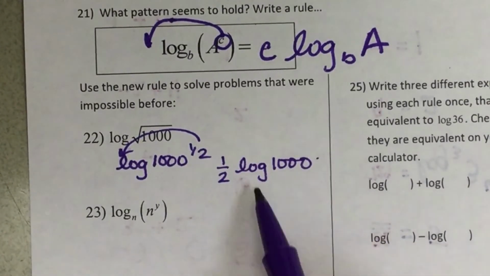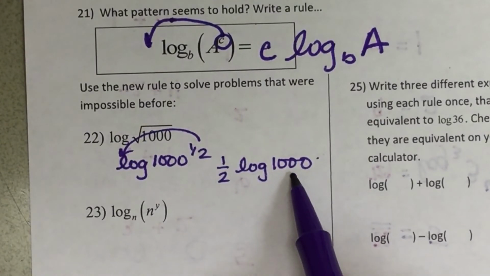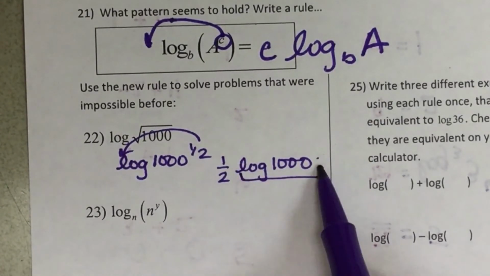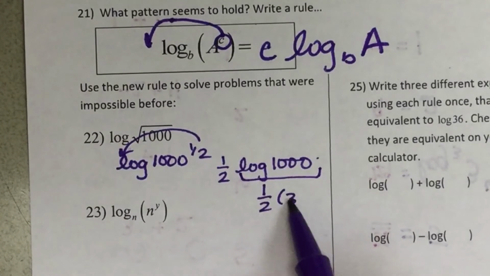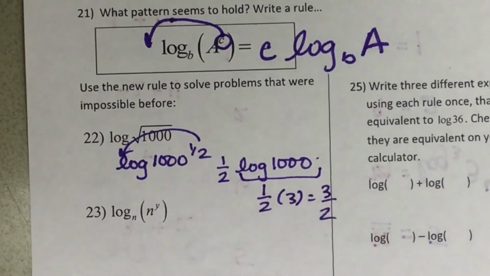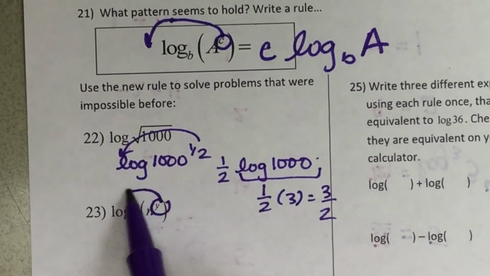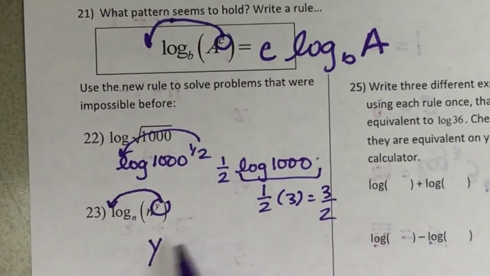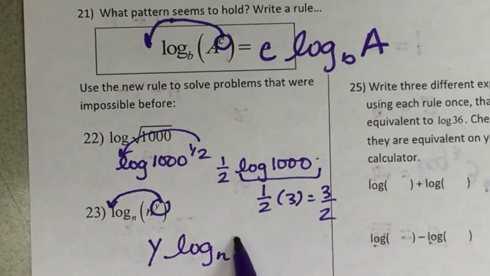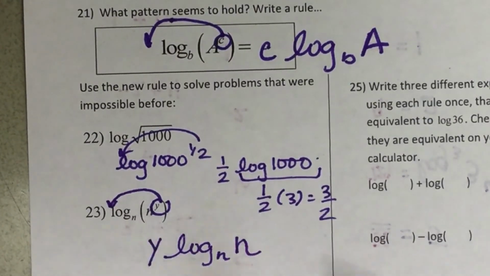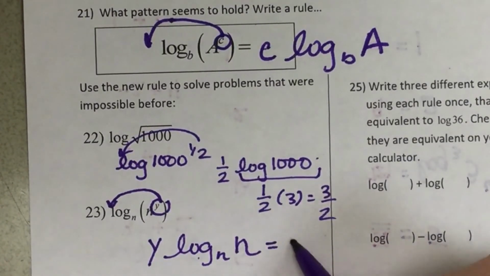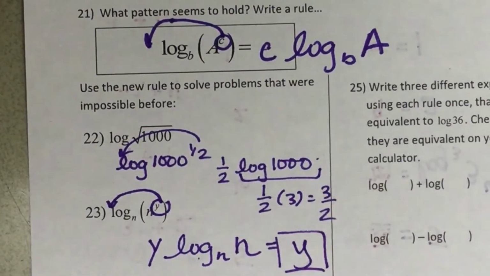So this would end up giving us 10 to what power gives you 1,000, so that would be 3. So this is equal to 3. 1/2 times 3 equals 3/2. Here, it would just come to the front, so I have y log base n of n, and so log base n of n would just be 1, so that's going to equal y.